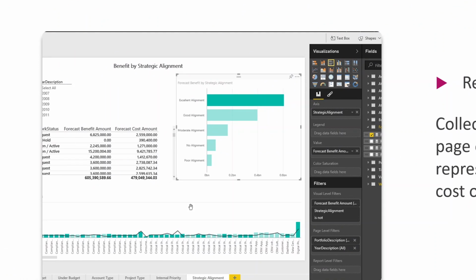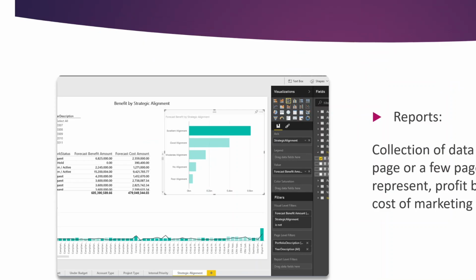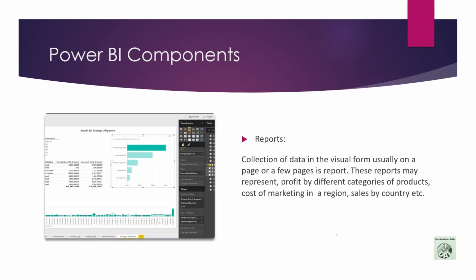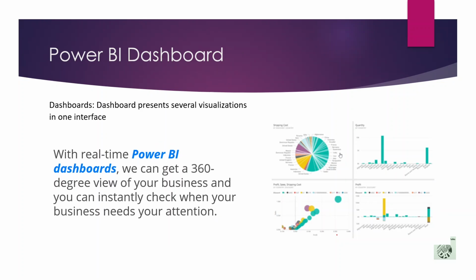This particular report has different graphics, some tabular format, and a trend analysis. We will create reports and see more about them in later sessions. Another very important component is the dashboard.